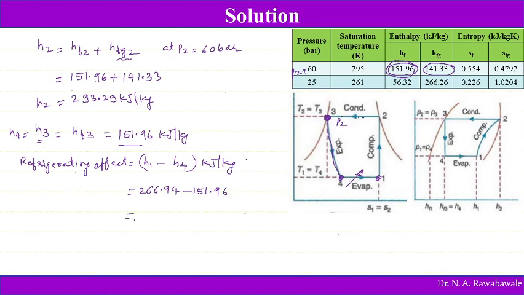On simplification, we get the refrigerating effect as 266.94 minus 151.96, which works out as 114.98 kilojoules per kg. So this is how we obtained the refrigerating effect in kilojoules per kg.